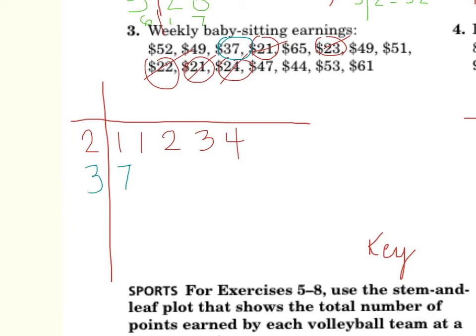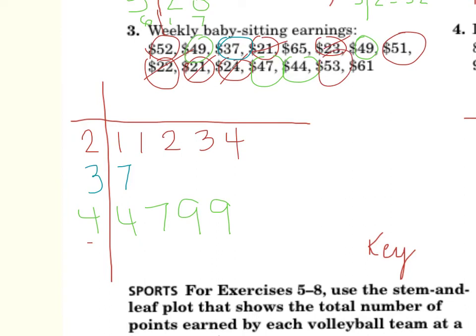37. Okay, do I have any 40s? There's 49, 49, 44, and 47. So I'm going to put those in order. 44, 47, 49, 49. And then I have the 50s, 52, 51, 53, 51, 52, 53.